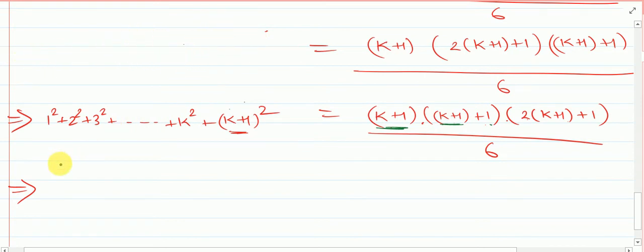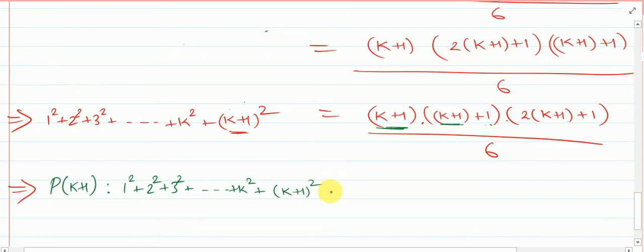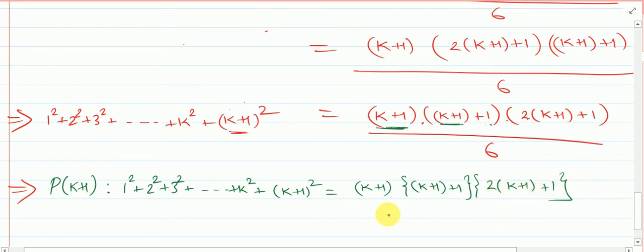Yes, so this implies P(k plus 1): 1 square plus 2 square plus 3 square plus dash dash dash plus k square plus (k plus 1) whole square is equal to (k plus 1), then you can write, if you want, (k plus 1 plus 1), then again (2 times (k plus 1) plus 1) upon 6.